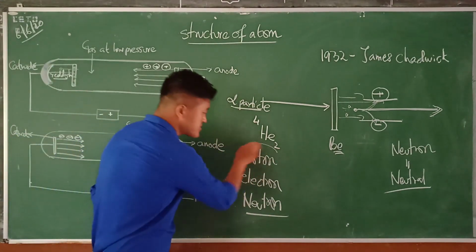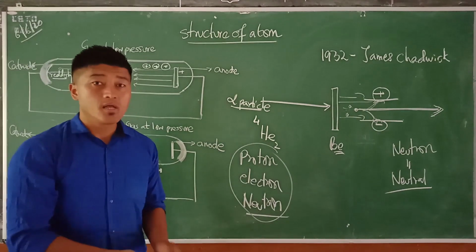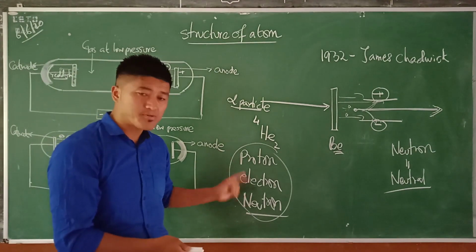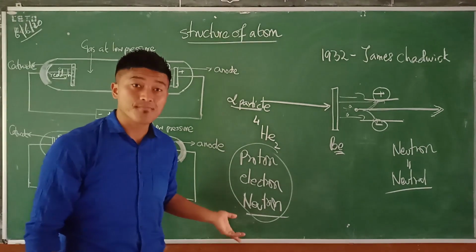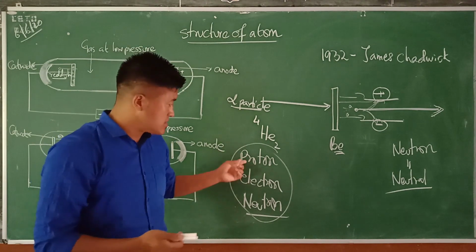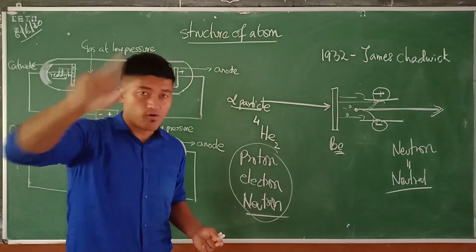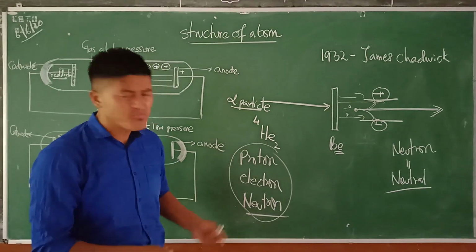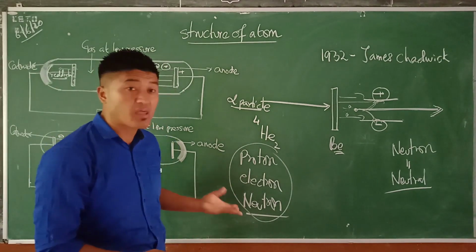With the discovery of these three subatomic particles, people were asking, how are they arranged in an atom? Where are they? Is the proton revolving around the center, or is the electron revolving around? They had so many different questions.